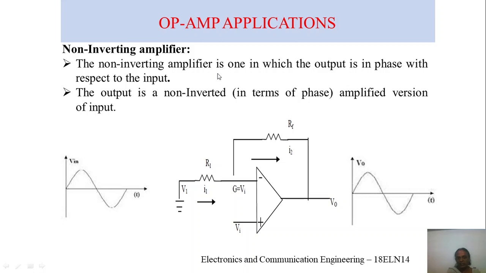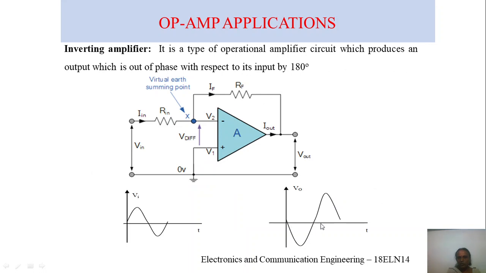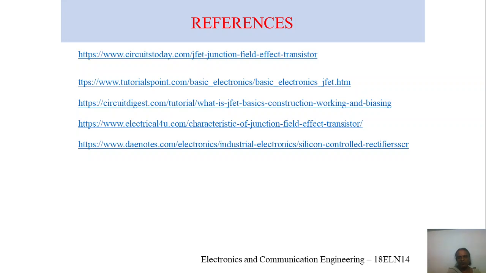This is at 0 degree deviation, but this is at 180 degree deviation, the output being 180 degrees from the input. So these are the two op-amp applications, the inverting and non-inverting amplifier. For references, we have just taken a few websites, and as I told you, you can refer to any prescribed textbook and see how the input and output change with respect to the inverting and non-inverting amplifier.